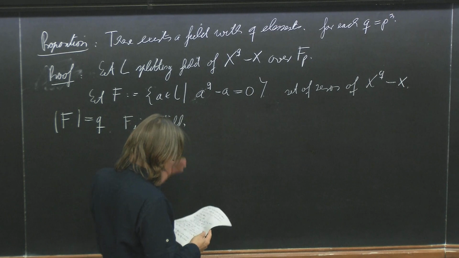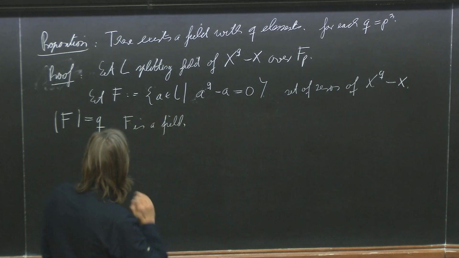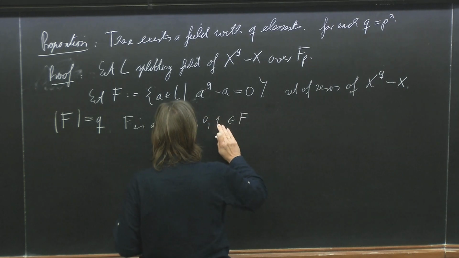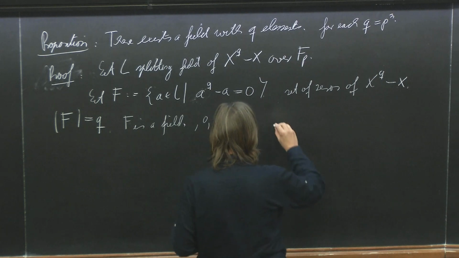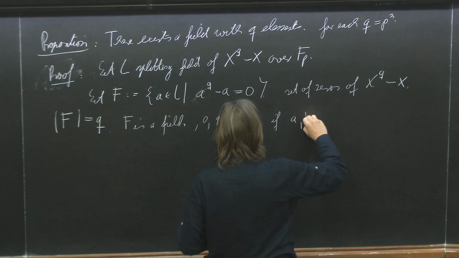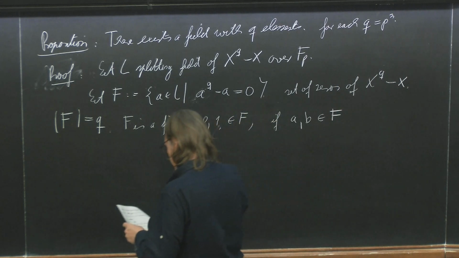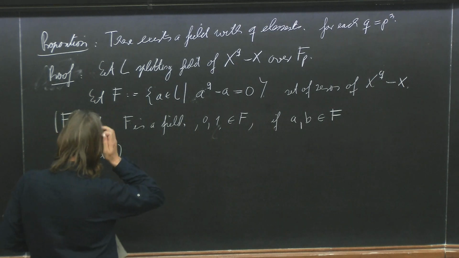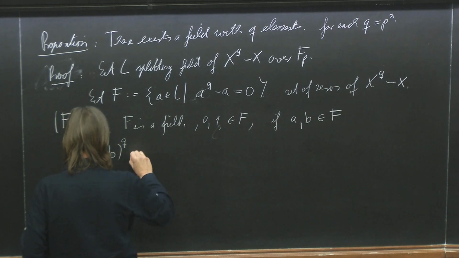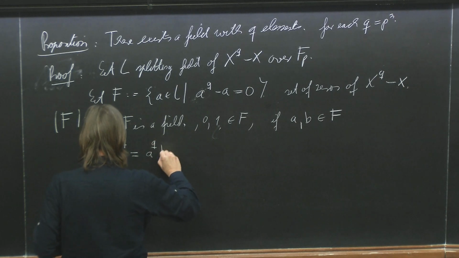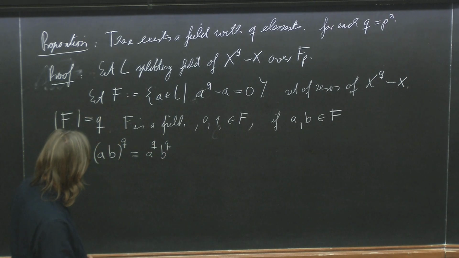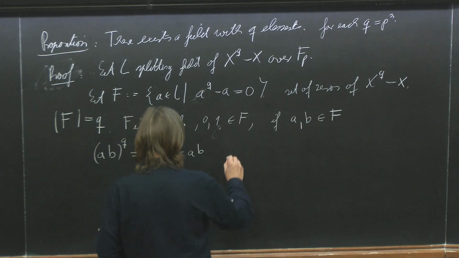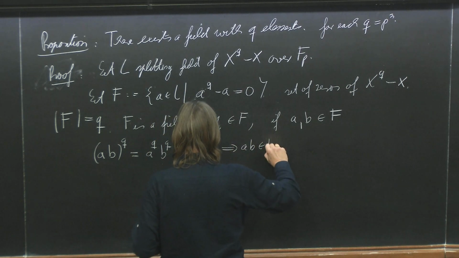Obviously, 0 and 1 are in F. And if A and B are elements in F, then if I take A times B to the q, this is A to the q times B to the q, but A to the q is equal to A, and B to the q is equal to B, so this is equal to AB. That means AB is in F.